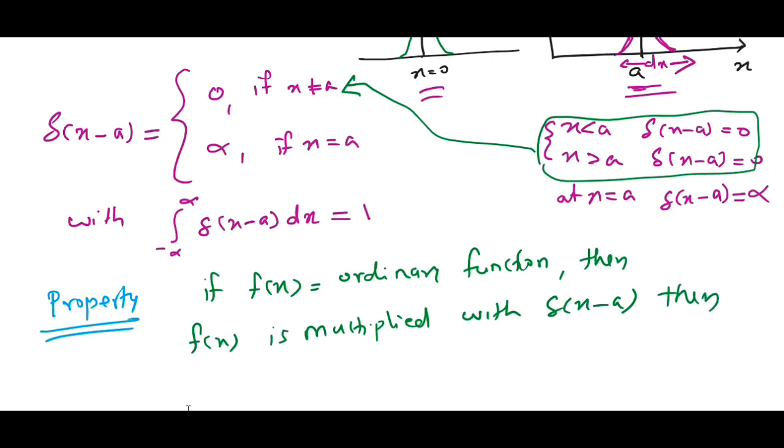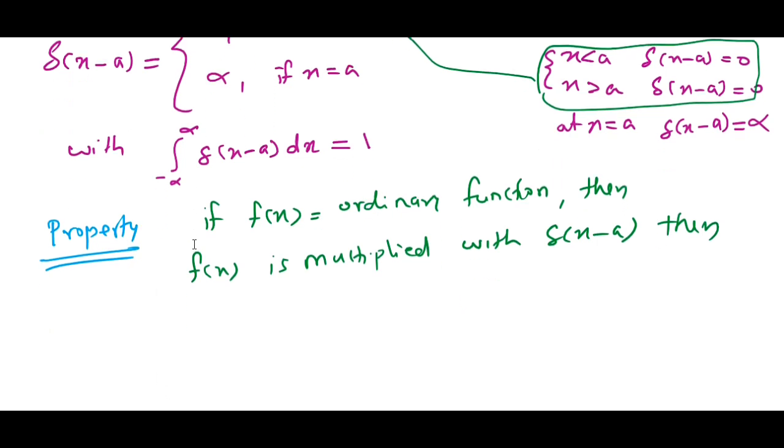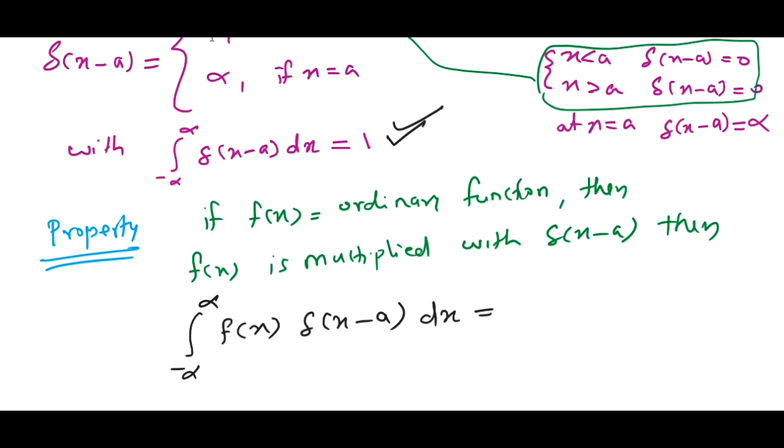What will be our answer? This will be, that is, minus infinity to infinity, f of x delta x minus a dx, that will be equal to f of a.